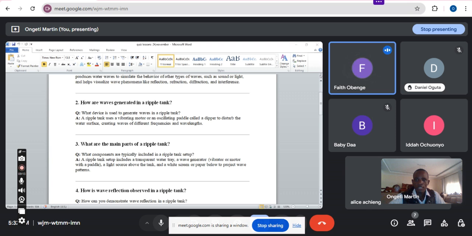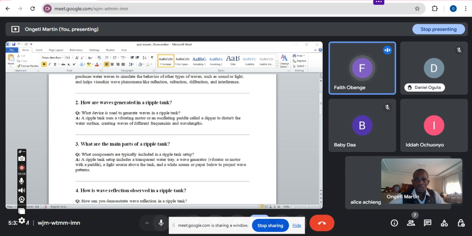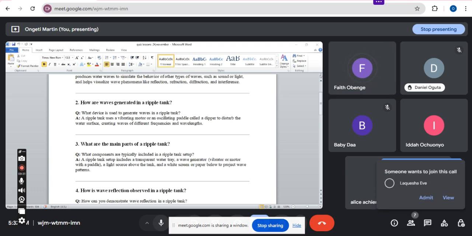A ripple tank setup includes a transparent water tray, a wave generator, a bracket vibrator or motor with a paddle, a light source above the tank, and a white screen or paper below to project wave patterns.